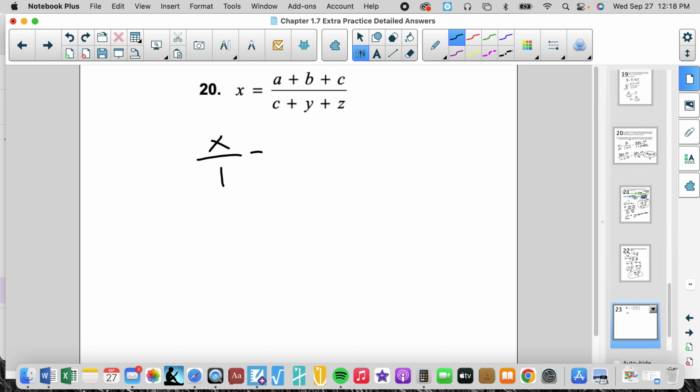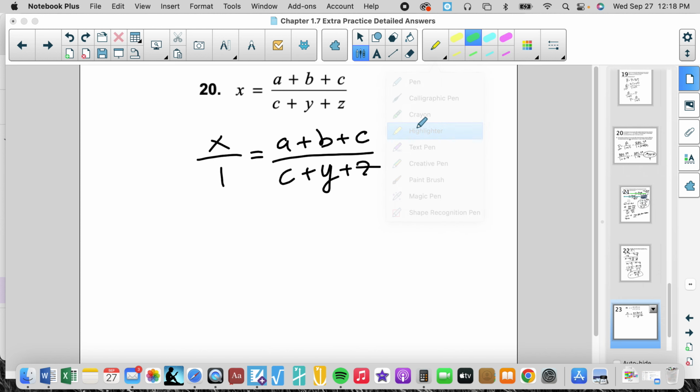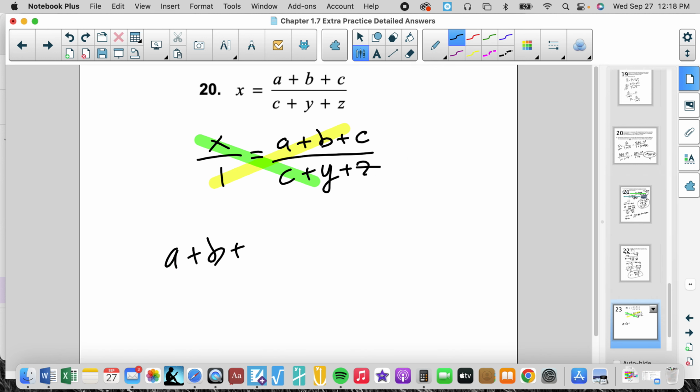If I make this a fraction, I can do cross product. So I'm going to multiply these, and I'm going to multiply these. So if I multiply 1 times a plus b plus c, I get a plus b plus c.